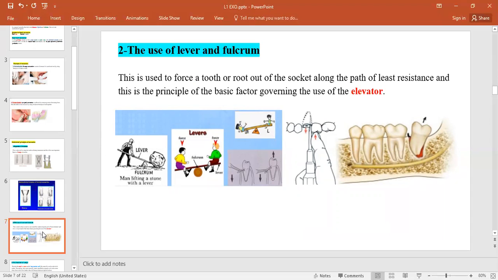In this way, we use the elevator as our force, and the resistance is the tooth. And here we use the alveolar bone as a fulcrum. However, if you want to extract two teeth, we can use the other tooth as a fulcrum.